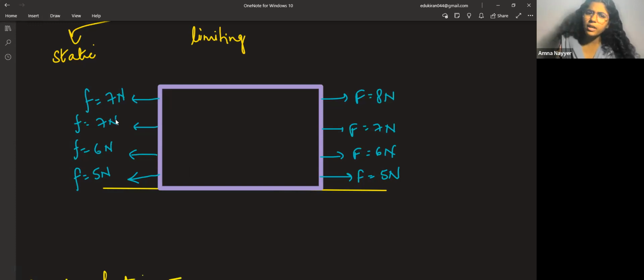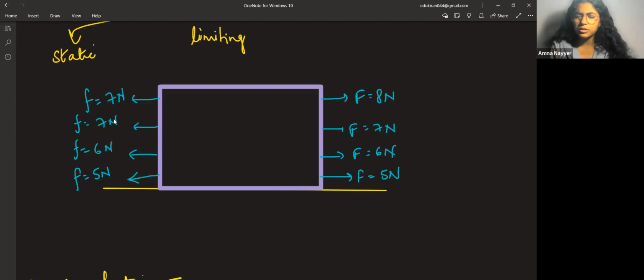There is a maximum value of every static friction, beyond which it cannot adjust itself. Otherwise, you'd never be able to move any object.